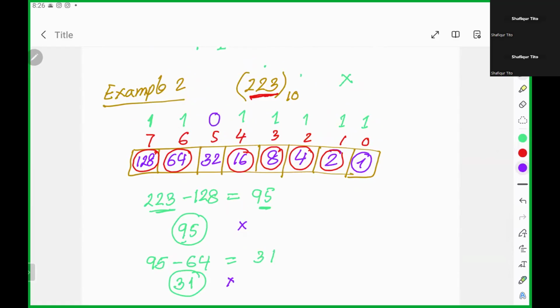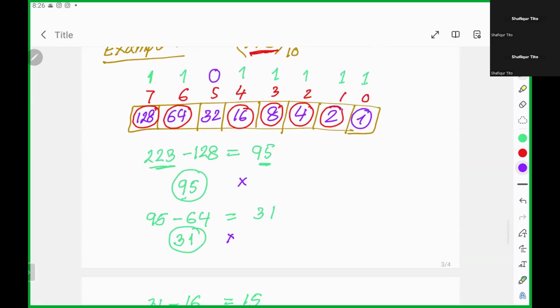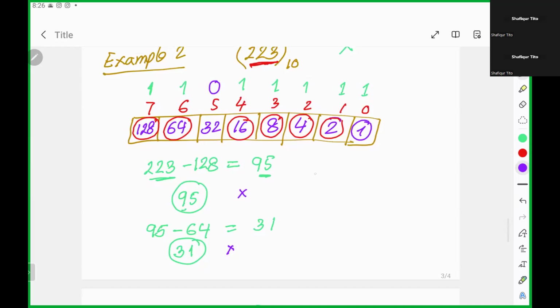This is the bit where I have 0. Now the binary number becomes 1, 1, 0, 1, 1, 1, 1, 1. That should be 8 bits, so 4 bits and 4 bits. So this is the binary number of base 2, which equals 223 in base 10.